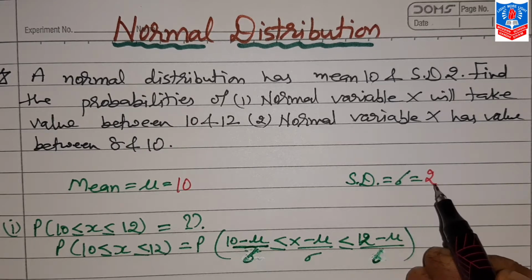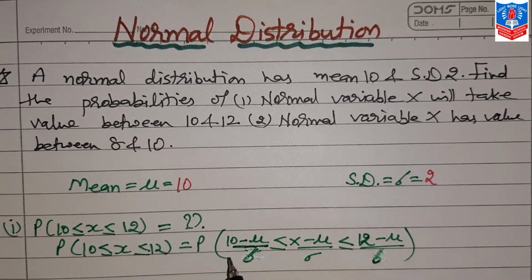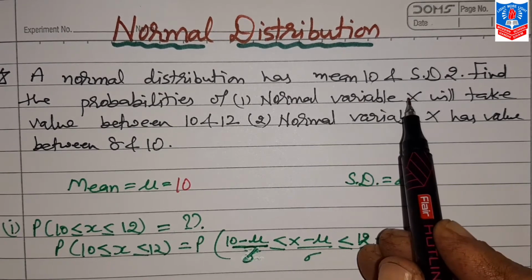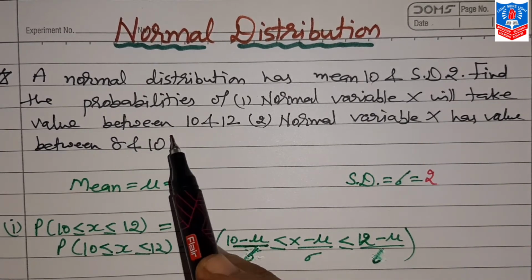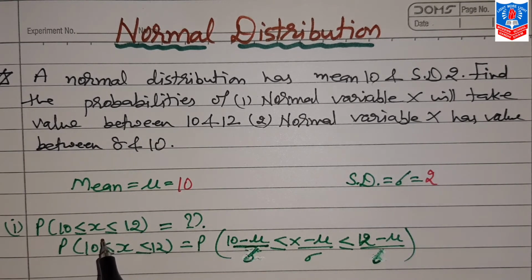Now first we are supposed to find the normal variable x taking a value between 10 and 12. If I write it in symbolic form, you can also write in words, no problem, but to save your time you can write in symbolic form. It's very easy once you do practice.